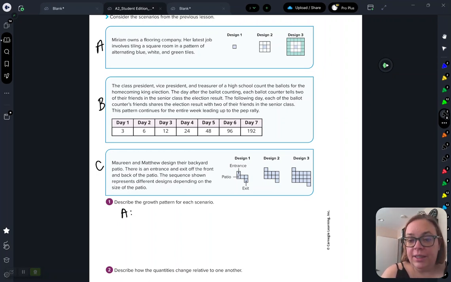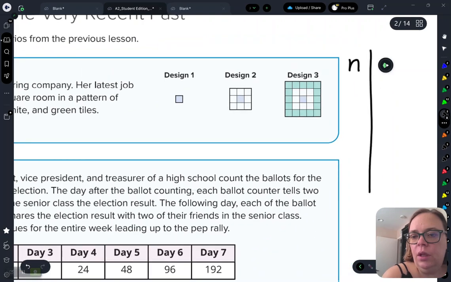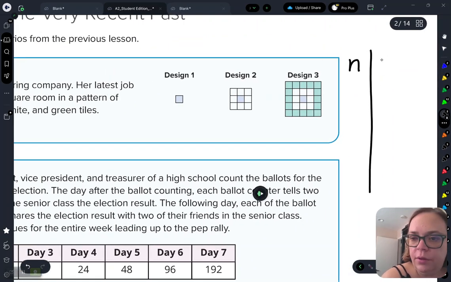We have a design number. We want to know, how are we going from the design number to, say, the number of tiles? Okay, let's think about that. So to look at this a little further, let's make a quick little table over here of design number, which I'm going to call N, and total tiles.